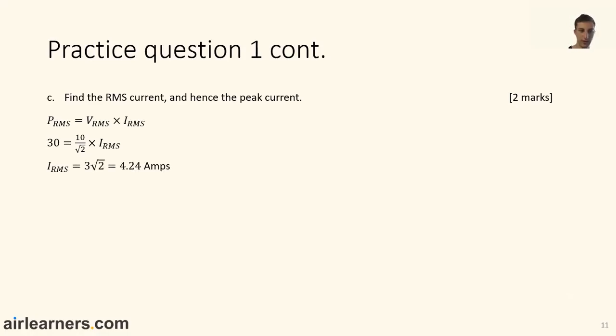We can therefore rearrange to get an RMS current of 3 root 2, which is the same as 4.24 amps. The peak we multiply by the square root of 2, and you should get exactly 6 amps. Mark allocation, you get 1 for finding each of the RMS and peak values.